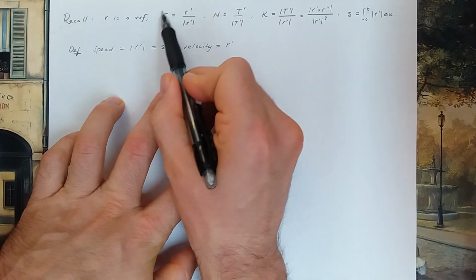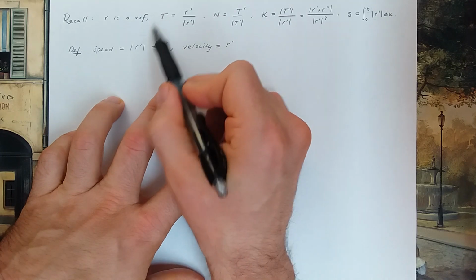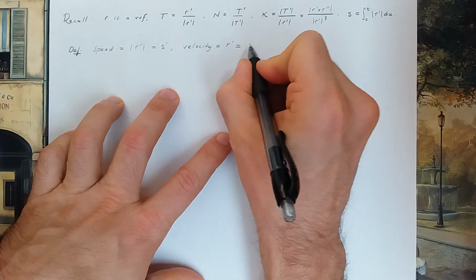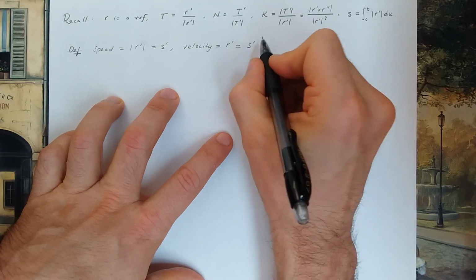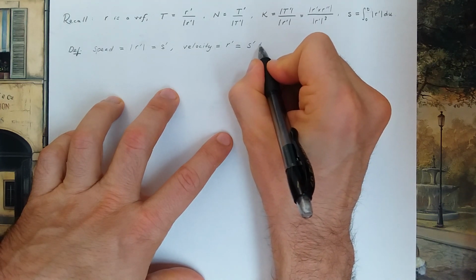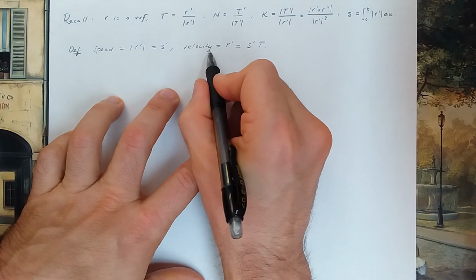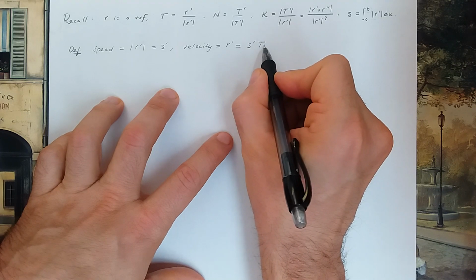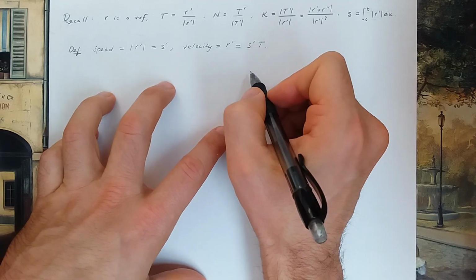So if you take this equation for the unit tangent vector, multiply both sides by the speed, we find velocity is s prime times t. Meaning velocity is in the direction of the unit tangent vector and it has magnitude speed.